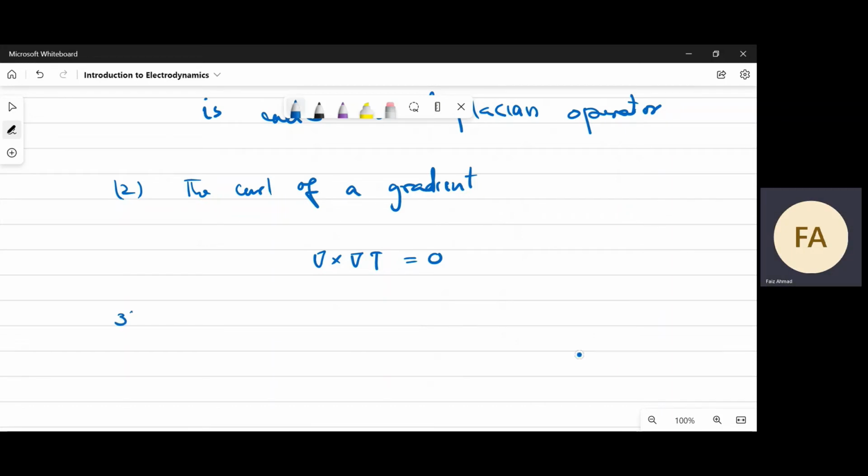Let's check the third one. Del into del V, and yes, again it's a valid operator, like del dot V is a scalar function. The gradient of a scalar will be there, but usually it does not appear in application.